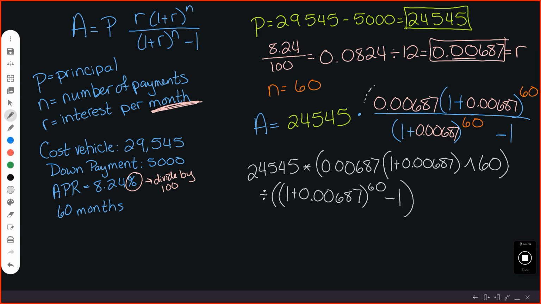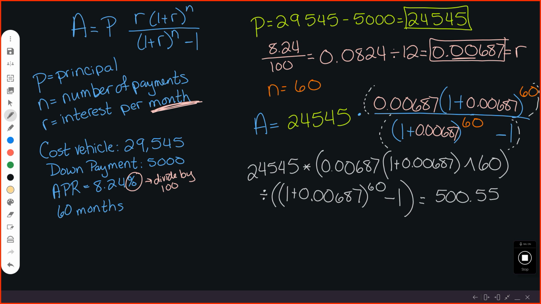Otherwise, it would just subtract 1 at the very end of the problem, and that would be really confusing. All right, so once you're done with this, this should give you about $500.55 as your monthly payment. Again, this number was way too high when we did it in class because I was missing one of the zeros in the rate. All right, so then that's what you put in your monthly payment.